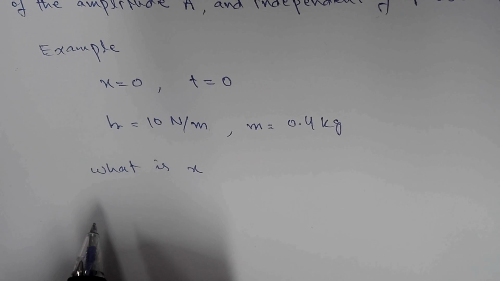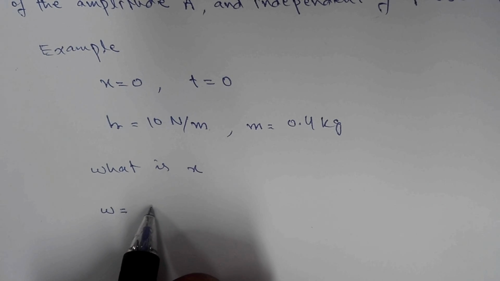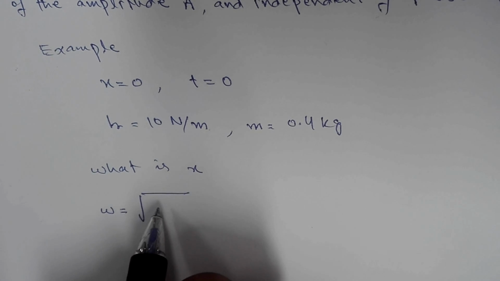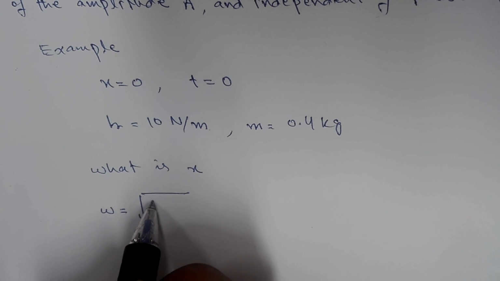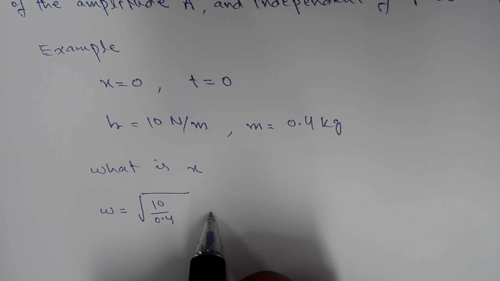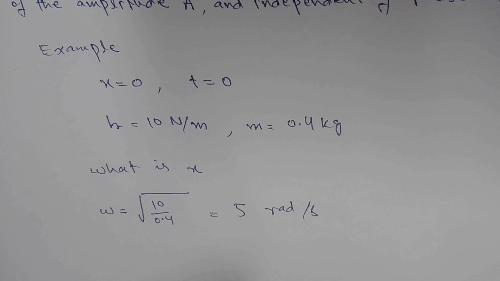So first we will solve the angular frequency. Omega is equal to, we know the equation, I will just put the values, 10 over 0.4, which is equal to 5 radians per second.